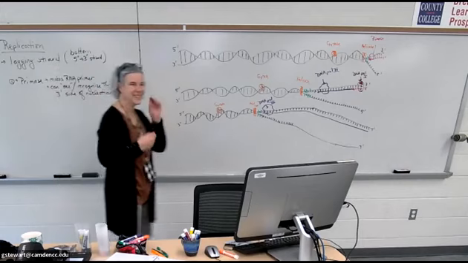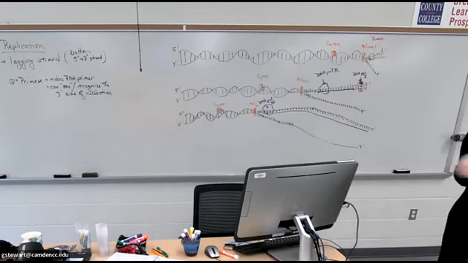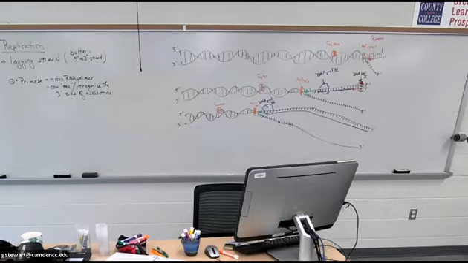So let me try to help you with that. You've seen railroad tracks in your life. Think of the rails on those railroad tracks like the phosphates and the sugars. And wherever there's a railroad tie going through, that's a base pair. And you know there's a gap between each set of railroad ties. So think of primase as sliding down the rail.